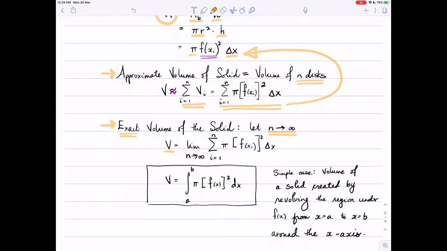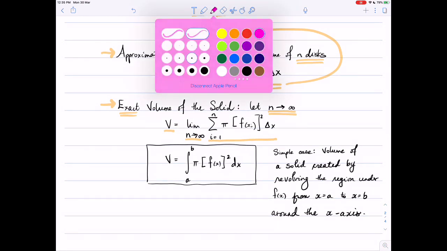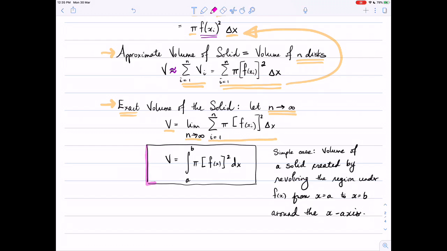So the exact volume is the limit as n goes to infinity of the volume Riemann sum that we had up above. And now that we have a limit of a Riemann sum, we have exactly a definite integral. So the exact volume of our solid is given by this integral. This is a very specific type of volume, remember.